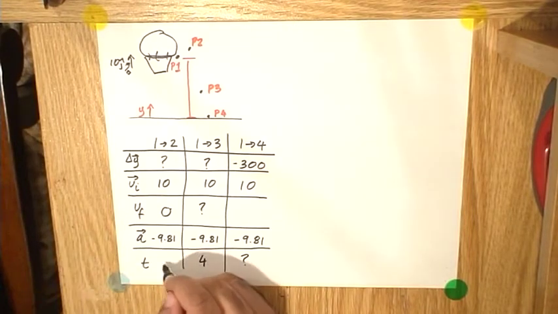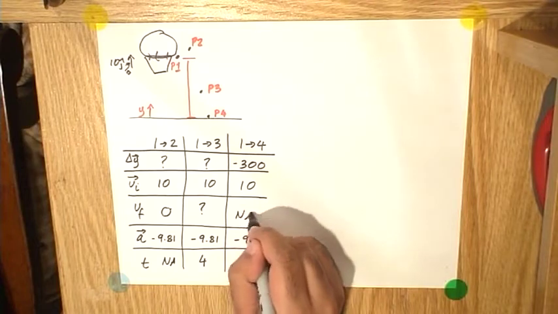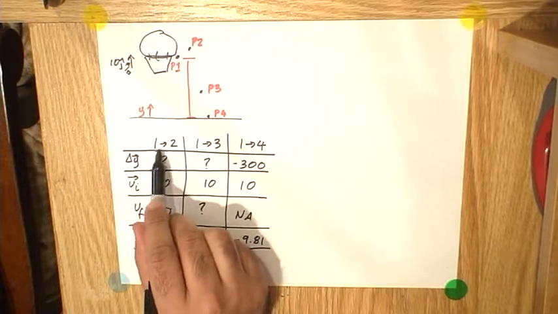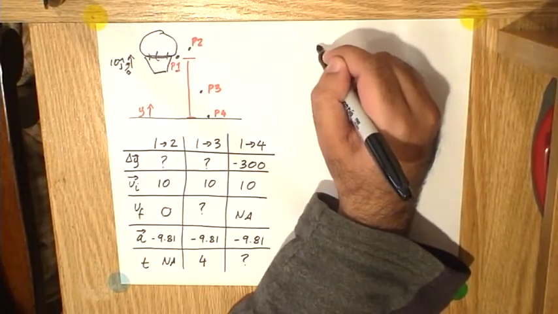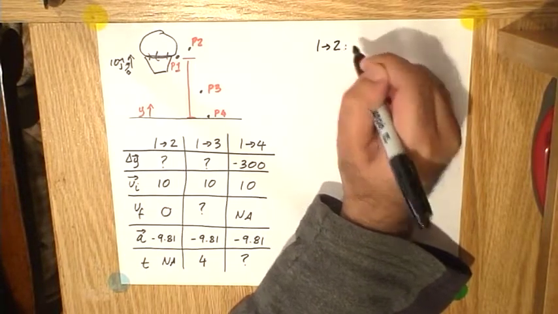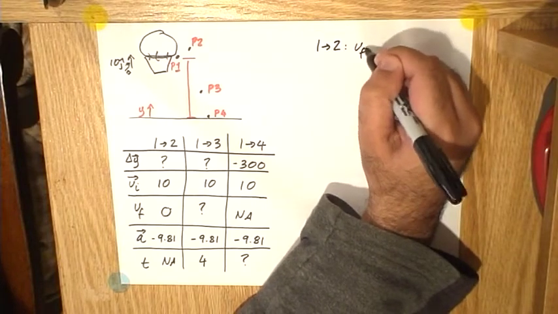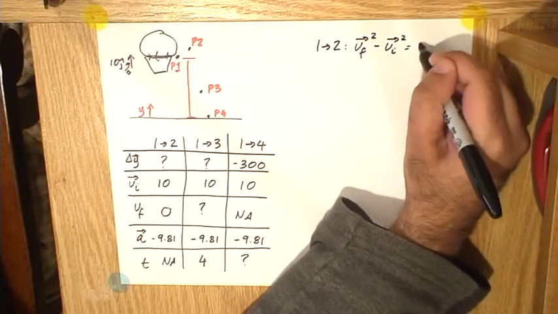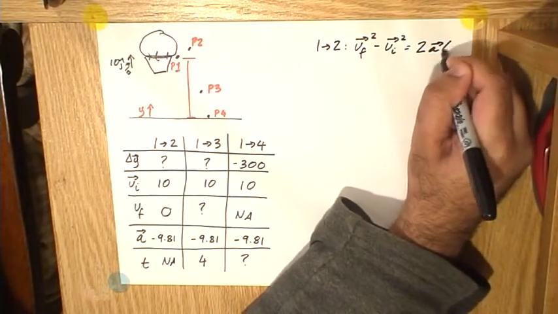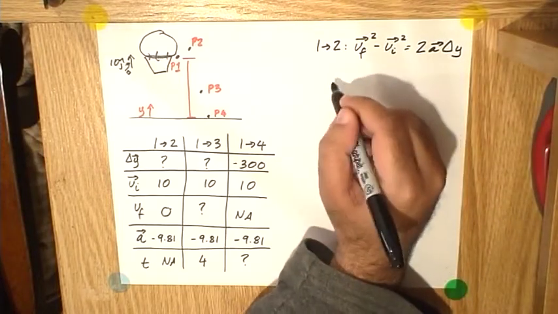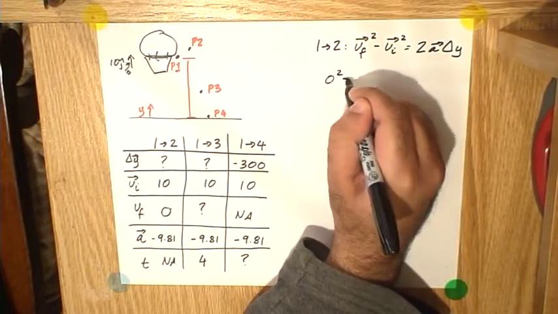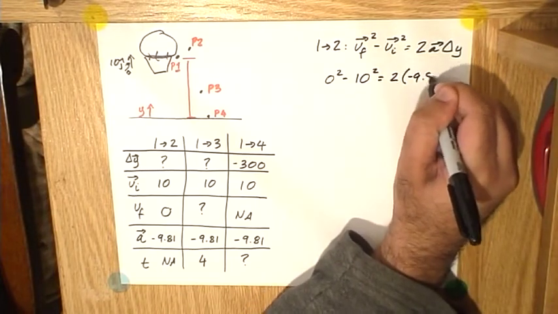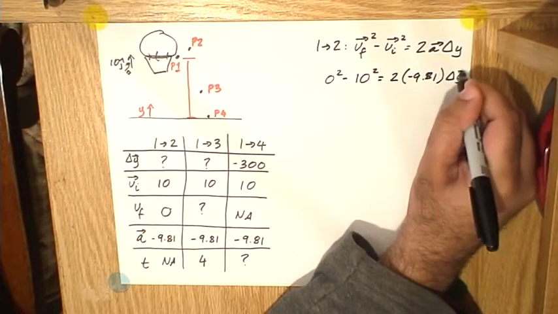So, we just need to go through this question step by step. Let's look at 1 to 2. We have the two velocities, we have an acceleration, we're looking for a displacement. There's only one equation that weaves all of those together, and that is toolbox equation number 4. Let's plug in what we know. Final velocity squared, 0, minus initial velocity squared, 10, is equal to 2 times negative 9.81 times delta y.